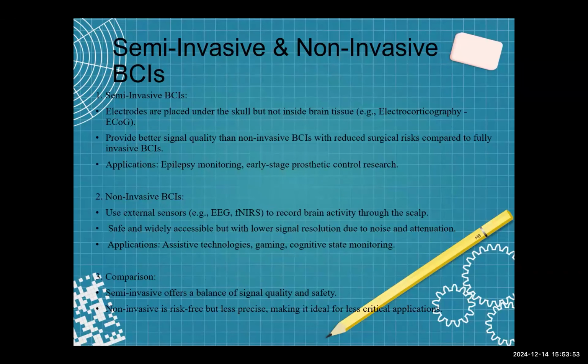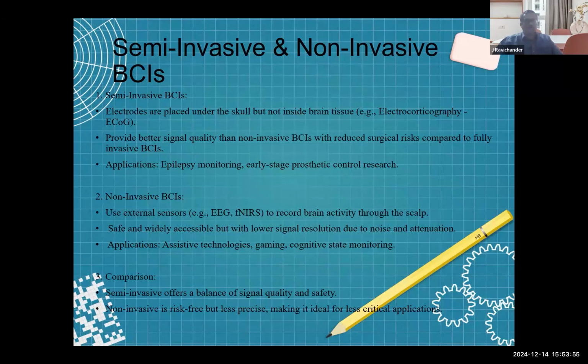Next, semi-invasive and non-invasive. Semi-invasive means electrodes are placed under the skull but not inside the brain tissue. This is called semi-invasive BCI. It provides better signal quality than non-invasive BCI.